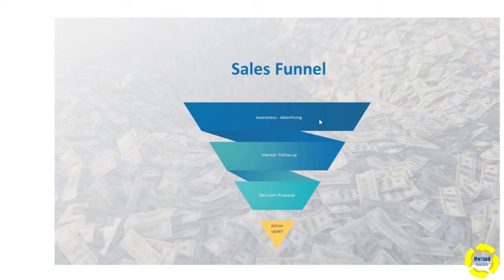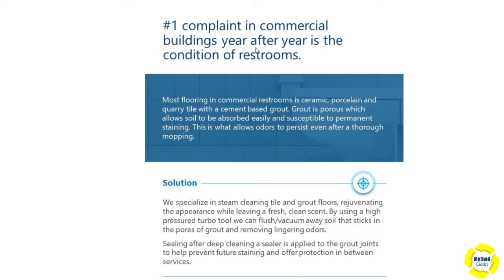So for awareness in the advertising stage, one thing you could do is share one of these bulletins on social media. So for instance, this is LinkedIn, and this is an article on LinkedIn where I just took this and I pasted it on LinkedIn.